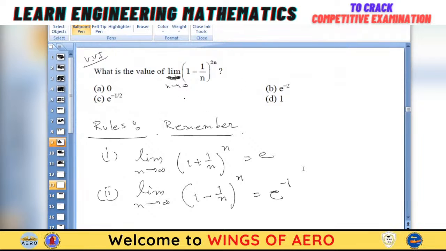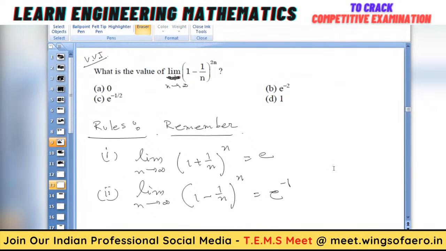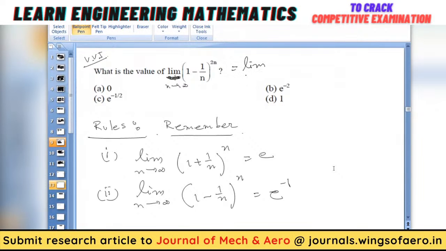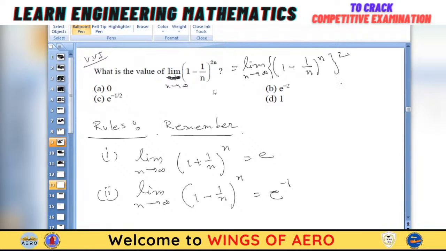So in this case we can write this as limit n tends to infinity, 1 minus 1 by n whole to the power n square.